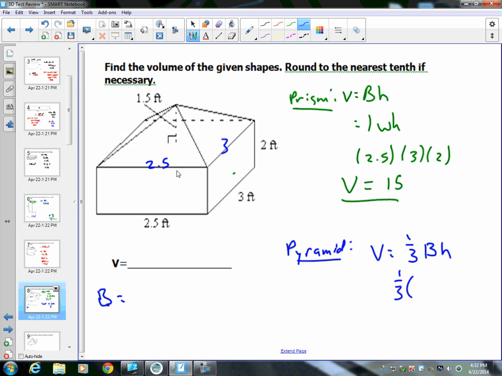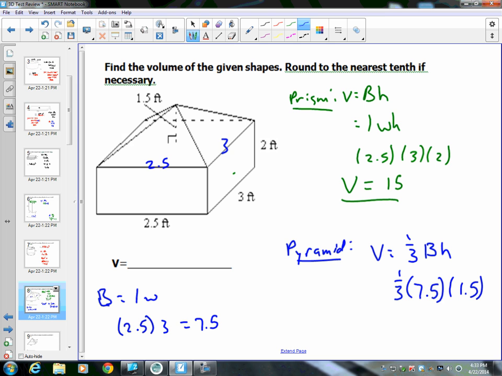So the area of a rectangle would be base times height, or length times width, which is 2.5 times 3. 2.5 times 3 gives us 7.5, so we're going to plug that in. And H, height, would be the height of our pyramid, which is 1.5. Multiply these together: 7.5 times 1.5 gives us 11.25.